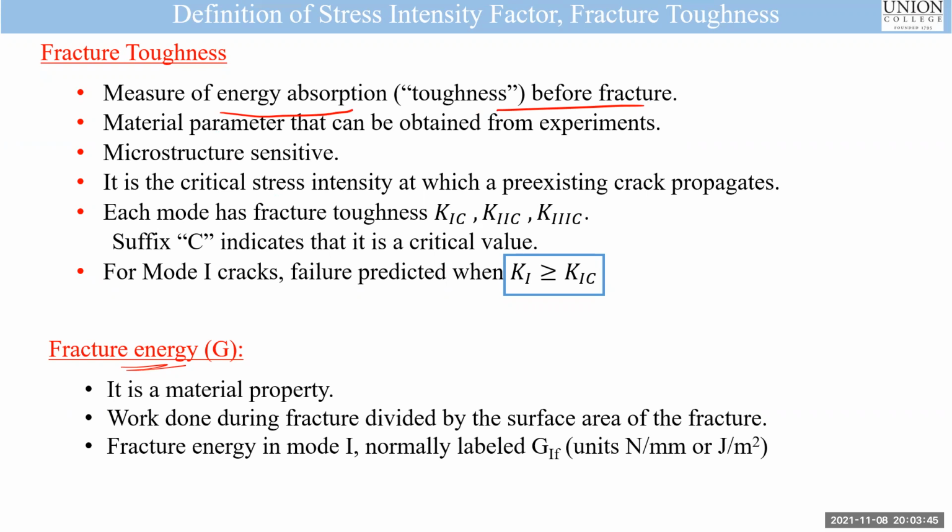You intentionally create a crack, fix the specimen to a fixture, and a swinging hammer comes and hits it. How much energy it absorbs before it completely fractures is called fracture toughness, and it's a material property.